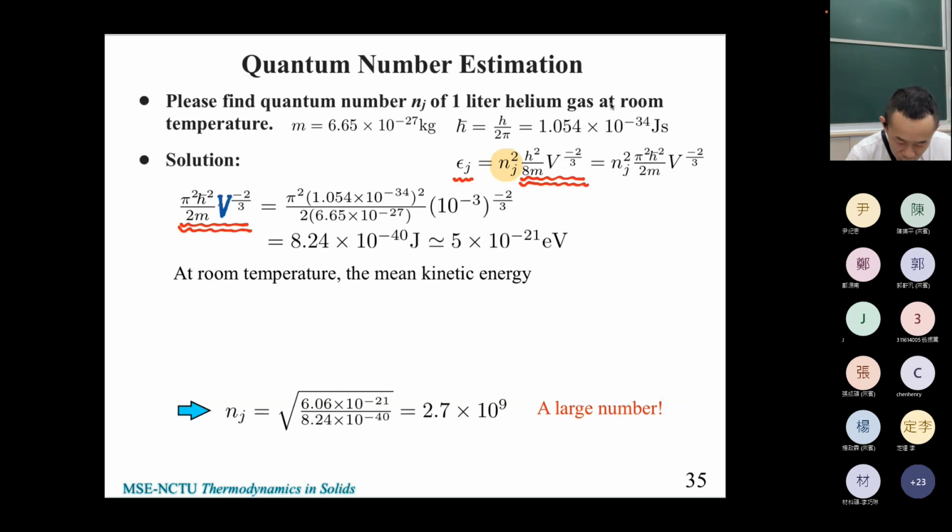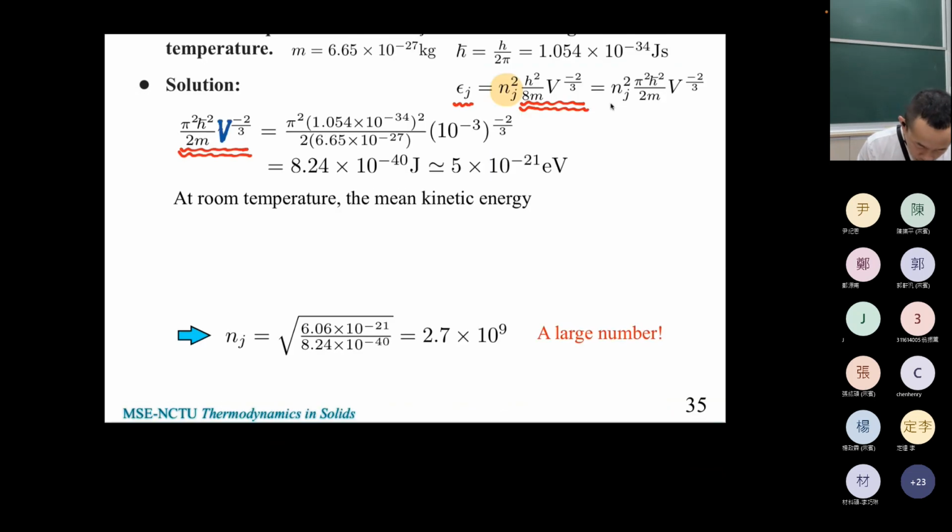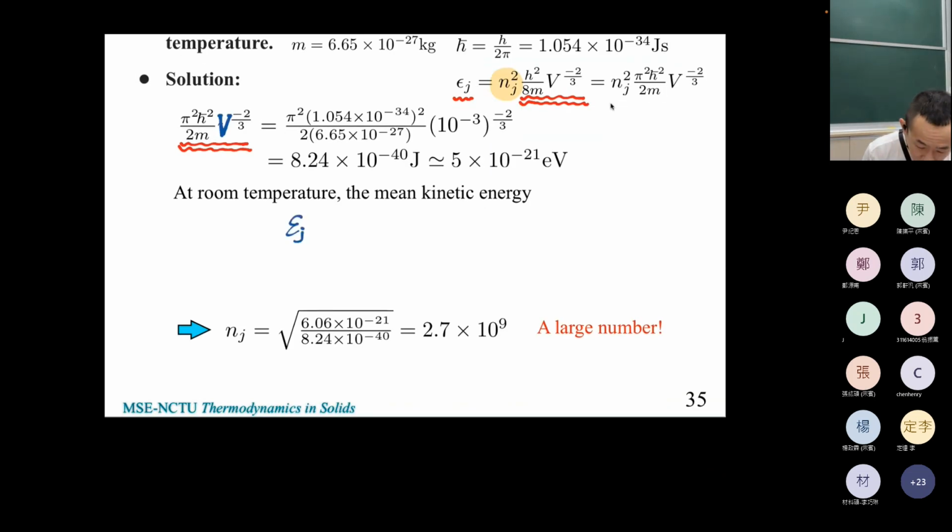At room temperature, the mean kinetic energy, here we need to calculate epsilon j. The epsilon j here equals 3/2 kT, right? And the epsilon is the single wavy symbol.